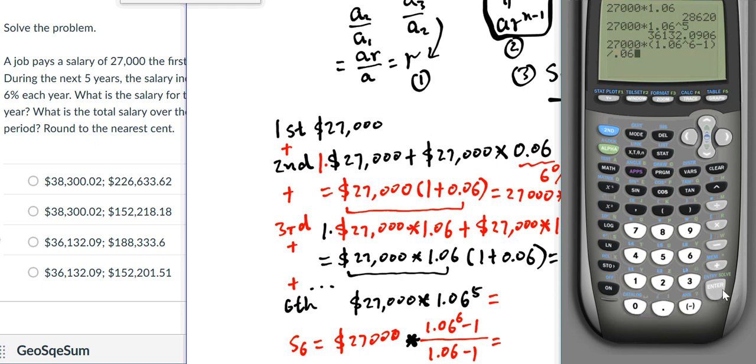Then you hit enter. You have 188,333 and then 60 cents. That's the one right here. So that would be our third choice.